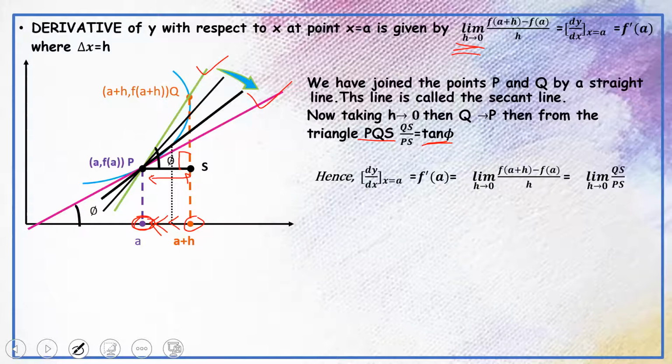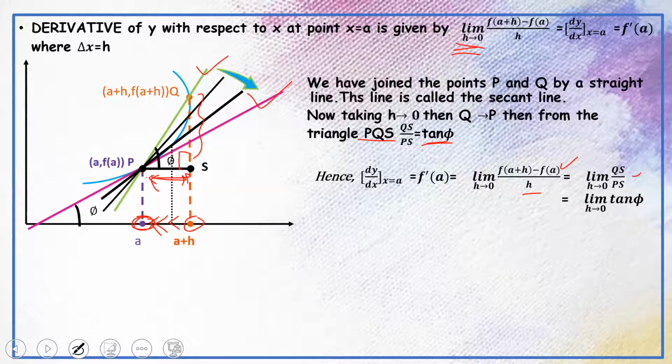Now this distance QS, what is QS? This is the small increment in y, and PS is the small increment in x, that is given by h. Now we can substitute this value QS upon PS here in this limiting value. And what is QS upon PS? It is again tan phi.